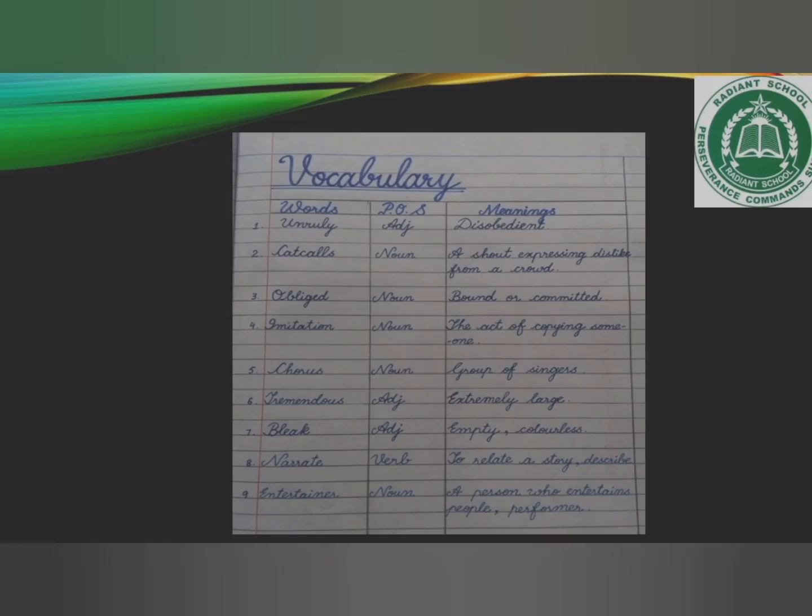Number 5, chorus. It is a noun and it is a group of singers. What is the meaning of chorus? Group of singers. Number 6, tremendous. Tremendous, adjective.